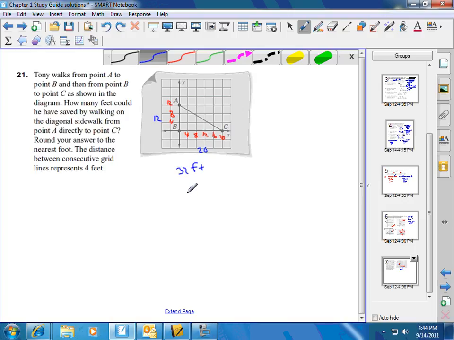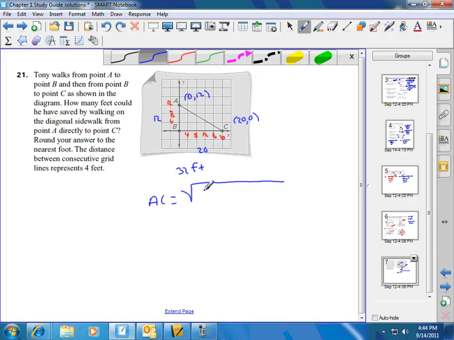Okay, and then to find AC, we could either use the Pythagorean theorem or our distance formula, but what we're emphasizing now is the distance formula. So the distance from A to C is going to equal the square root of, the coordinates for A are 0, 12, and the coordinates for C are 20, 0.